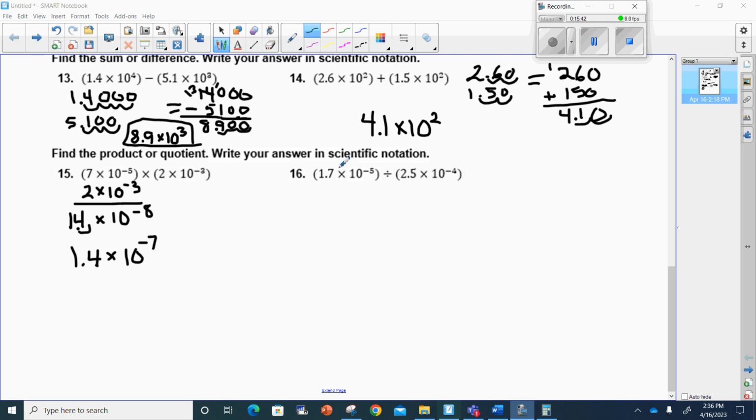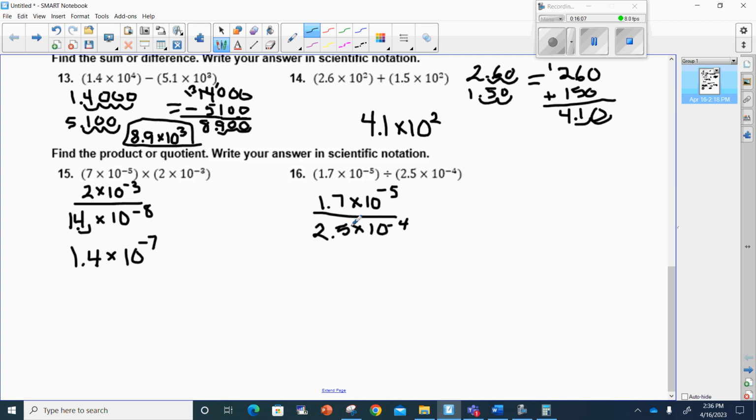Now the last one, 16, 1.7 times 10 to the negative 5th power divided by 2.5 times 10 to the negative 4th power. This time we're going to have to turn this into a division, a fraction. Remember, we're not doing baby math anymore. So this would be 2.5 times 10 to the negative 4.